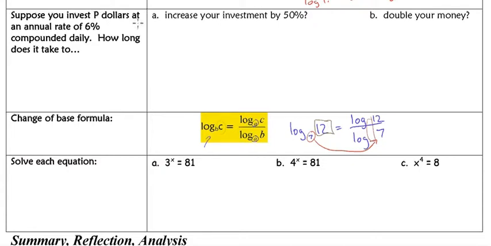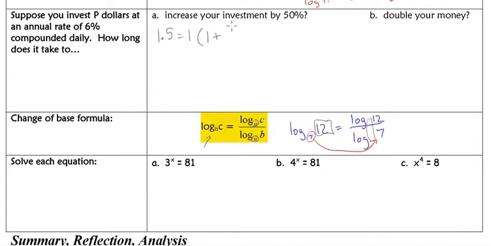We want to increase it by 50%. It doesn't tell us how much we have, but let's just call it $1. So if we invest that $1, then to get 50%, we need to end up with 1.5. So that's our final amount. Our initial is 1, and now it's at 6%.